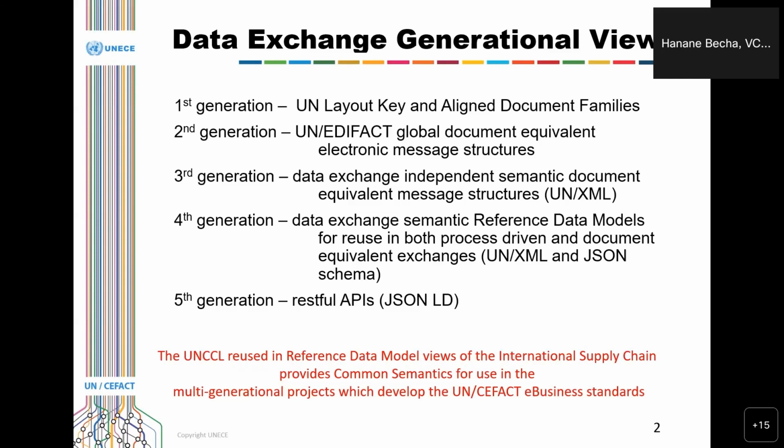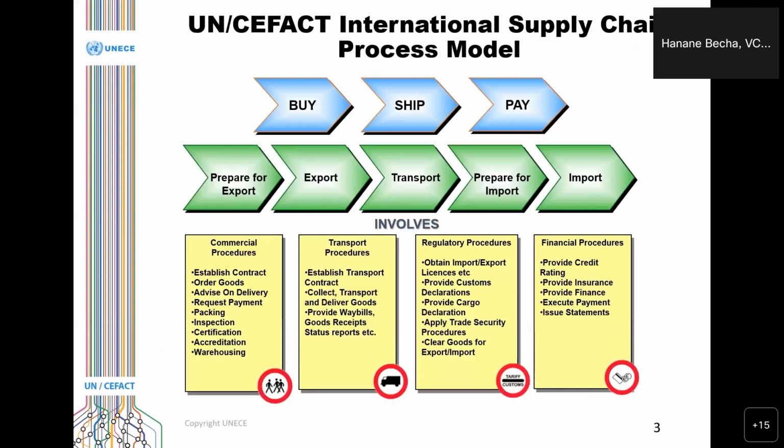So we are really using the UN Core Component Library in reference data models view of international supply chain and providing common semantics for the use for multi-institutional projects which develop UNECE-IEC business standards. That means regardless of which generation we are developing, we are still using the first generation, which is basically the different definitions for the different data elements required for the supply chain.